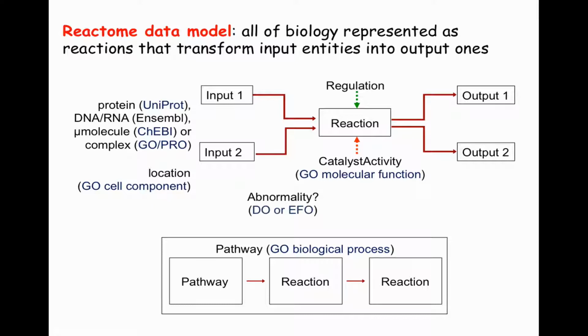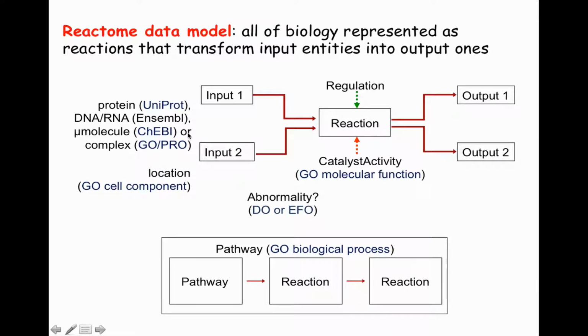And we started from the fairly simplifying and arrogant assertion in 2002 that one could represent all sorts of processes, not simply classical metabolism, as reactions in which input molecules of whatever sort were transformed into output molecules of whatever chemical sort.